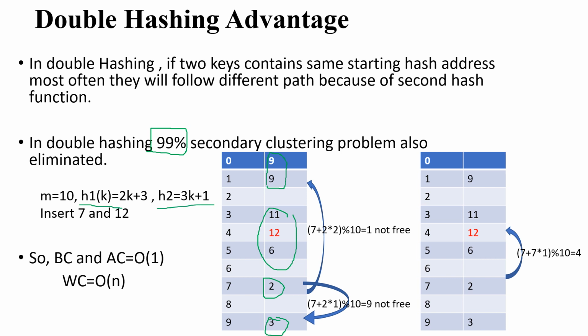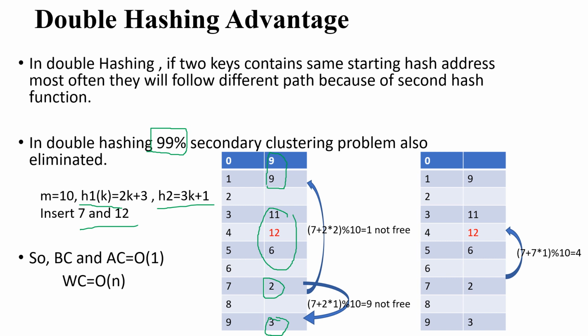Suppose I'm going to insert 7 and 12. While inserting 7, if you calculate the index using the first hash function, you get index 7. Is 7 free? No, it is not free. Then what will you do?